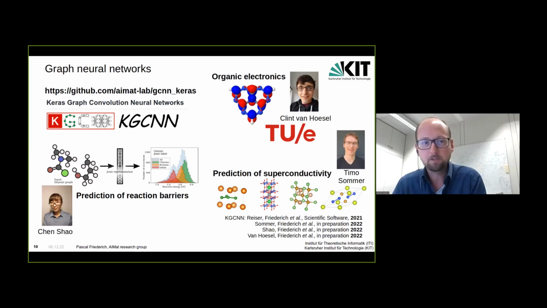At the same time, we work on a couple of different collaboration projects where we look into, for example, using graph neural networks to predict reaction barriers for chemical reactions. We look into organic electronics also, which is relevant for solar cells here.